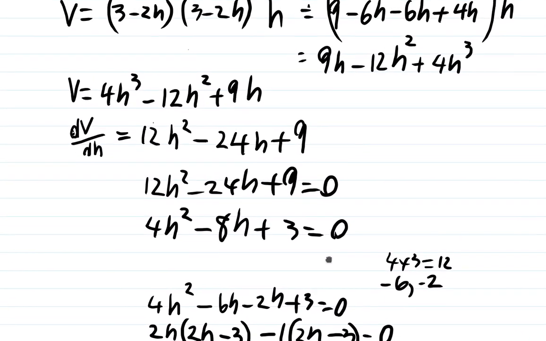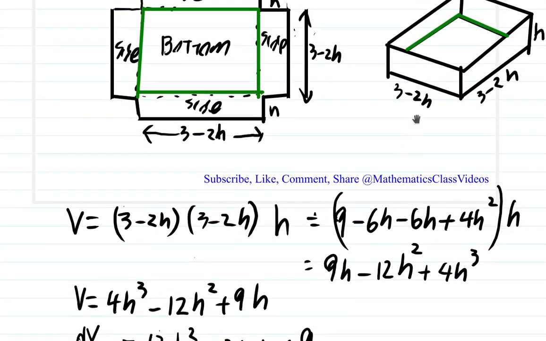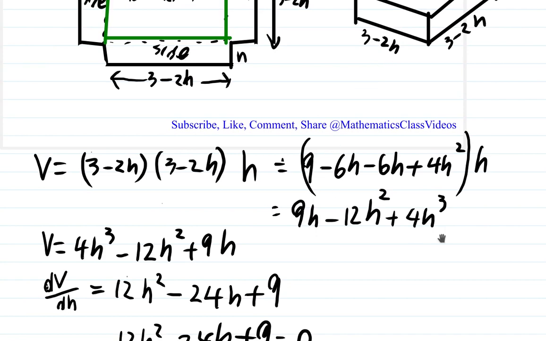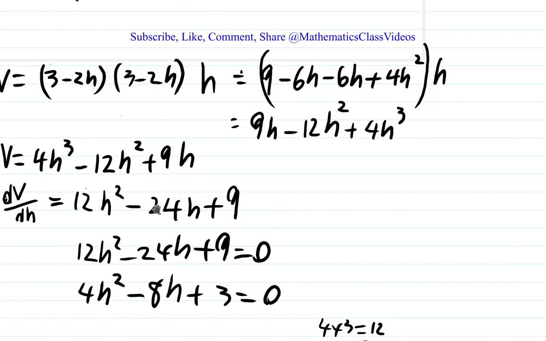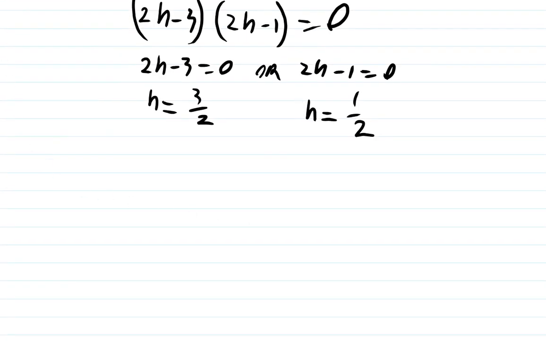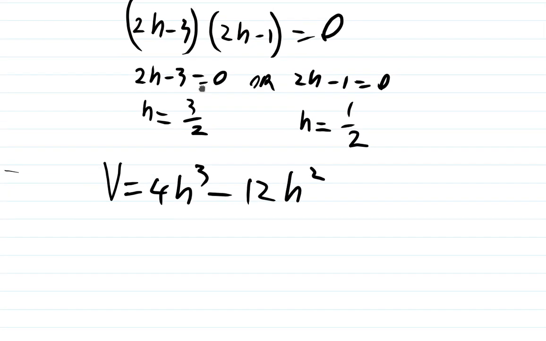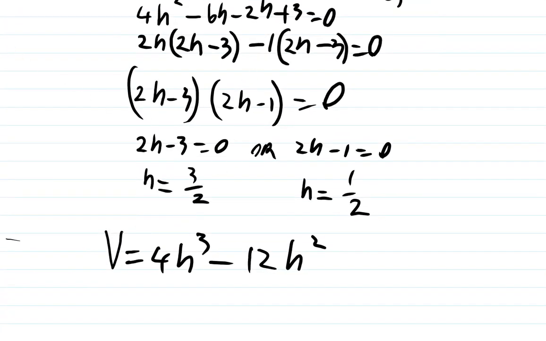Now, let's see what the volume would be when h is 1.5. Remember, the volume is 4h cubed minus 12h squared plus 9h. Let's rewrite it down here.